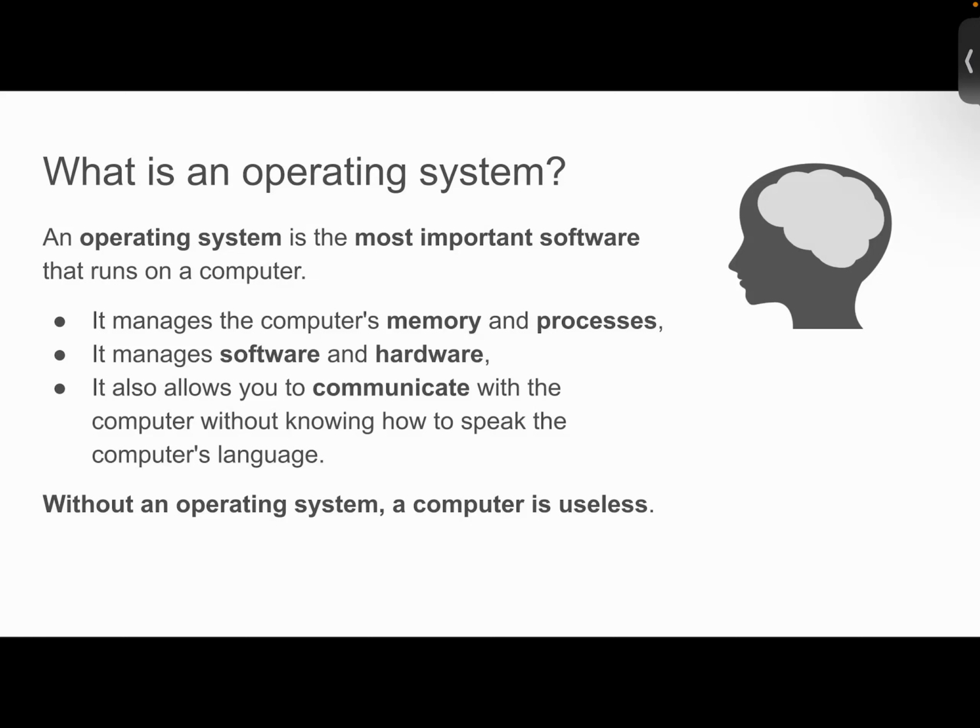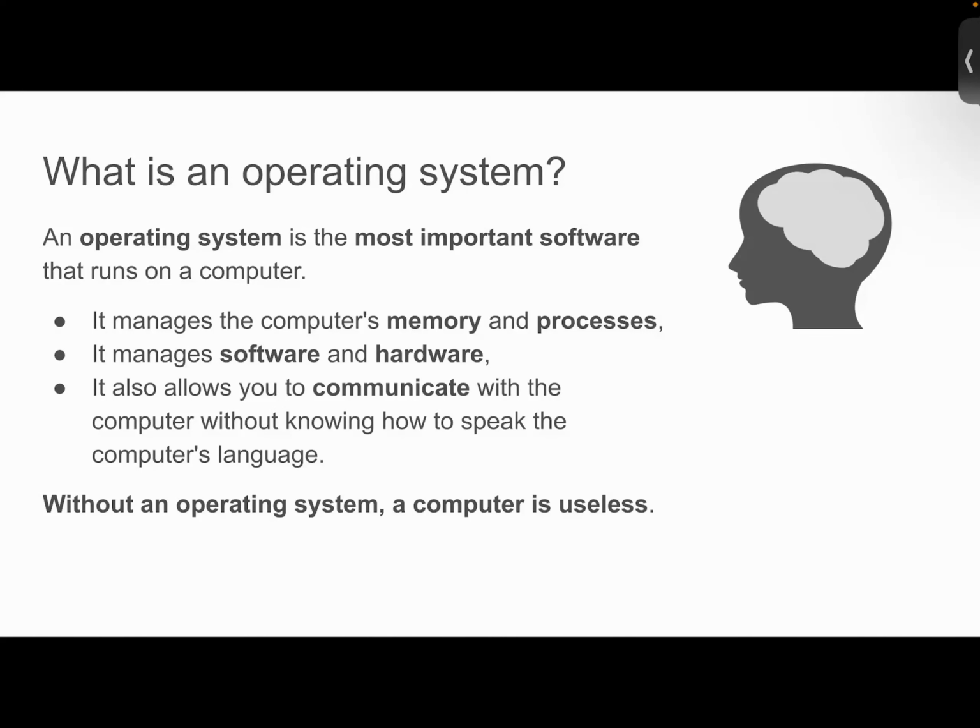It manages the software, like the apps and the different applications, and the hardware, the actual physical components of the device. They have to work in tandem in order to function. It also allows you to communicate with the computer without knowing how to speak the computer's language.